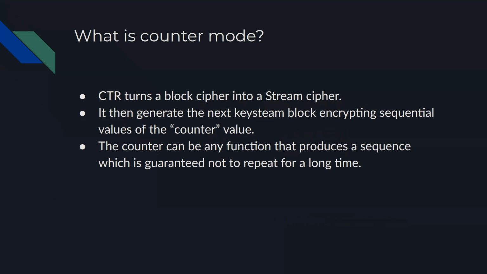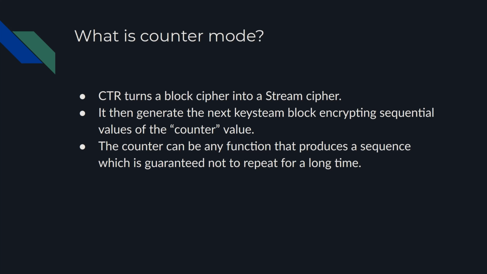Basically, counter mode turns a block cipher into a stream cipher, similar to OFB. It is slightly different in the fact that each block is individually encrypted and decrypted. I'll show that a little bit later in a later slide.